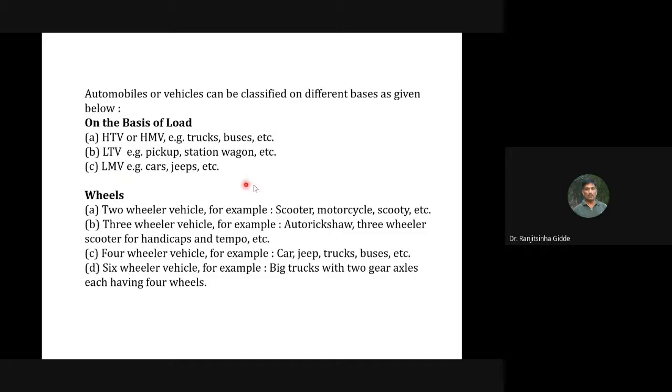You might have seen RTI, road traffic inspector, and sometimes we have some different understanding. We call it RTO, but you should know that RTO means regional transport officer, that is a class 1 post, and RTI is road traffic inspector.